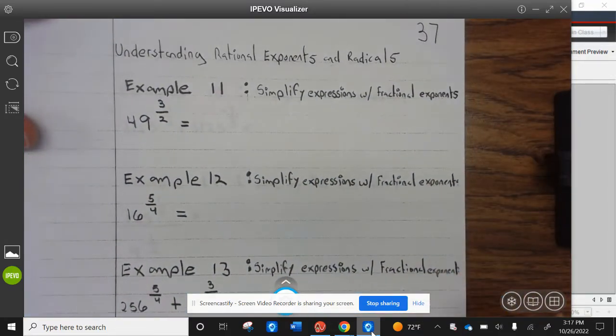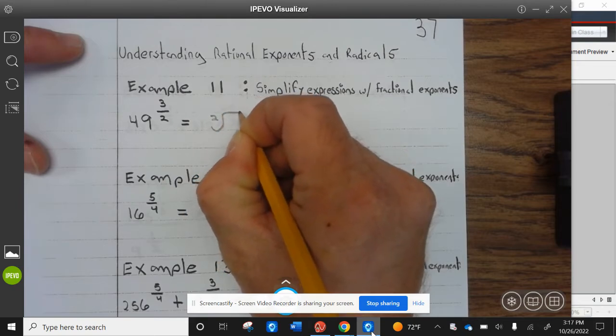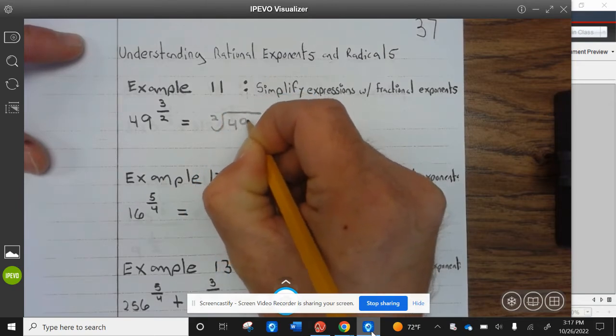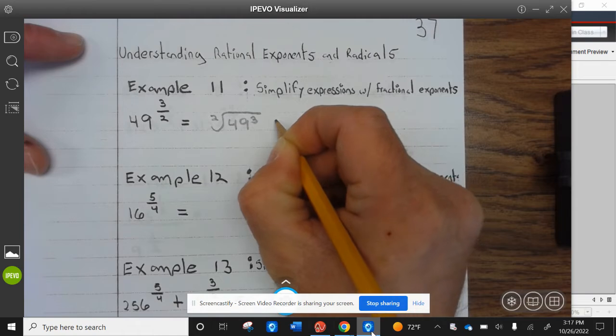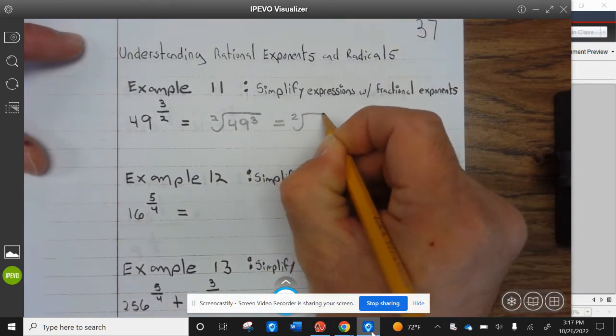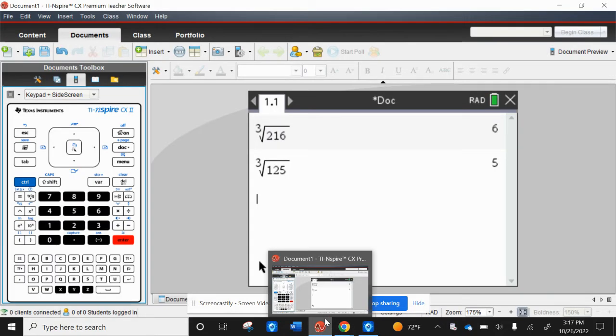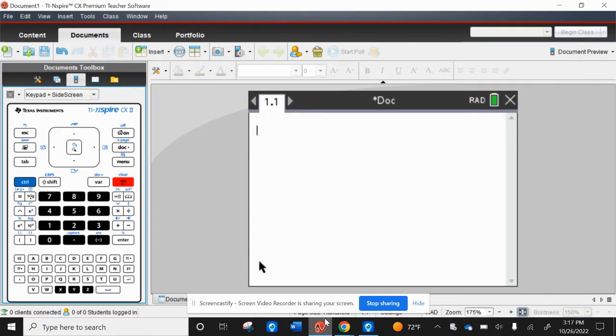All right, example 11. So this becomes the square root of 49 cubed, which equals the square root of, let's go ahead and do 49 cubed, is 117649.